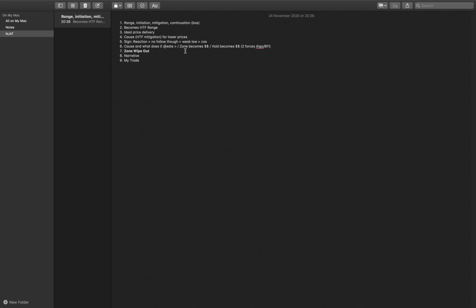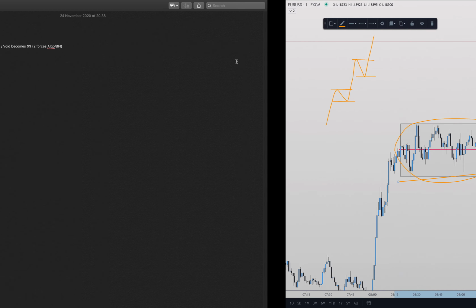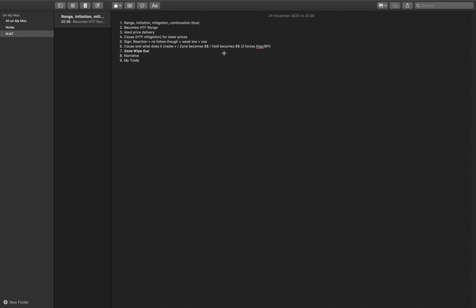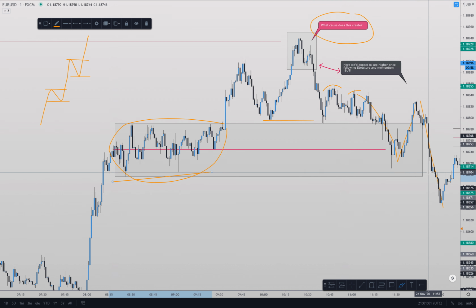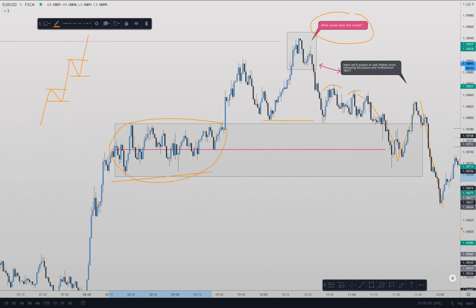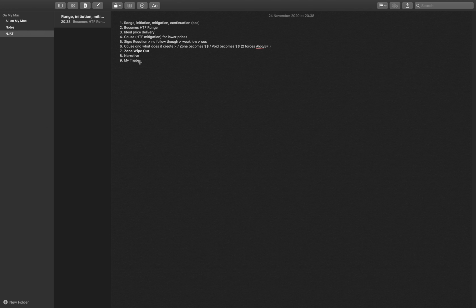Cause, what does it create? Zone wipeout. This zone now becomes liquidity, and the purpose of this liquidity is to be taken, and obviously that's what we go on to see, and then you get the zone wipeout. So sorry guys, I hope that's clear.